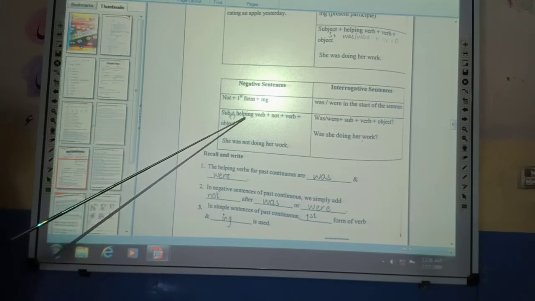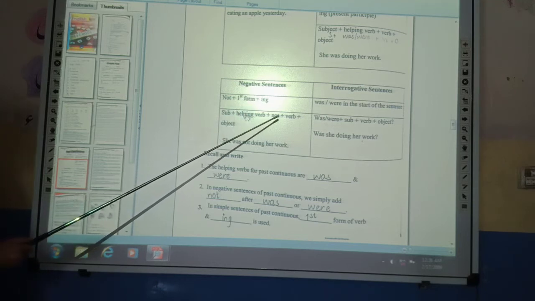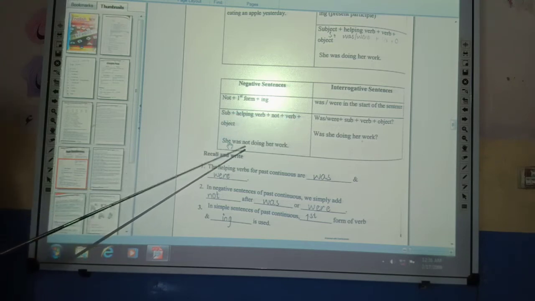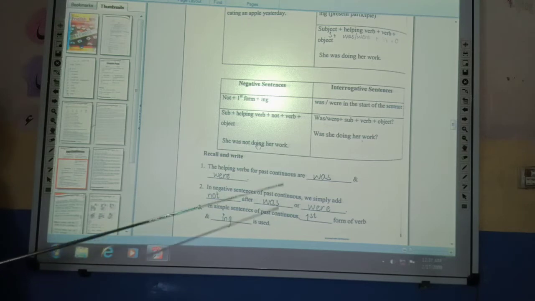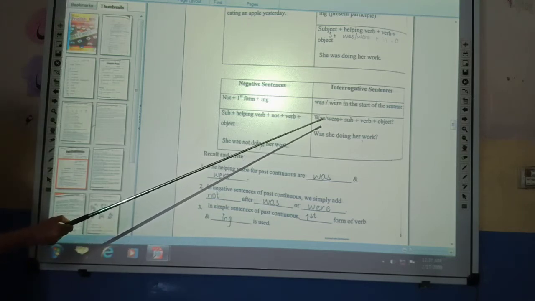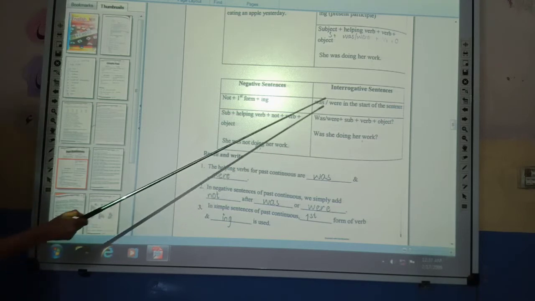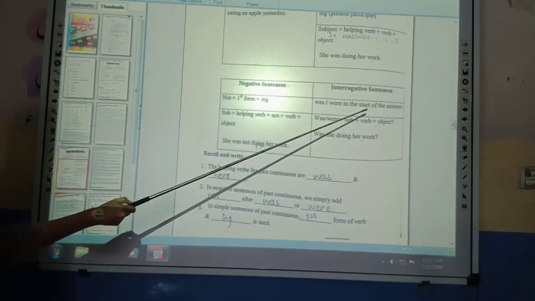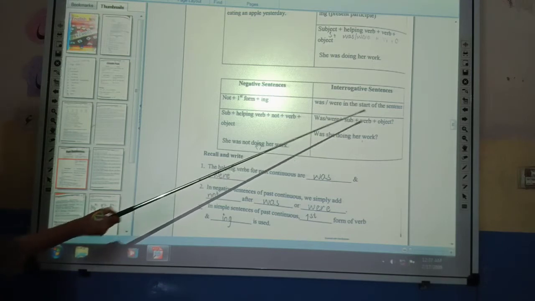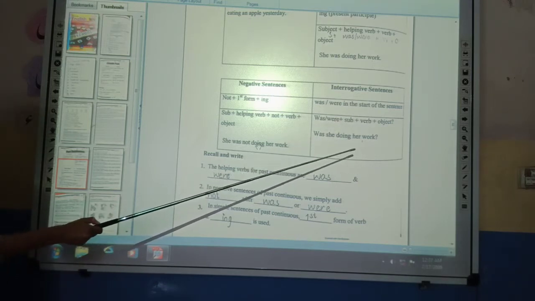Subject plus helping verb was or were, plus not, plus first form of verb plus object. She was not doing her work. And interrogative sentences: was and were will come at the start of the sentence, plus subject plus verb plus object. Was he doing her work?